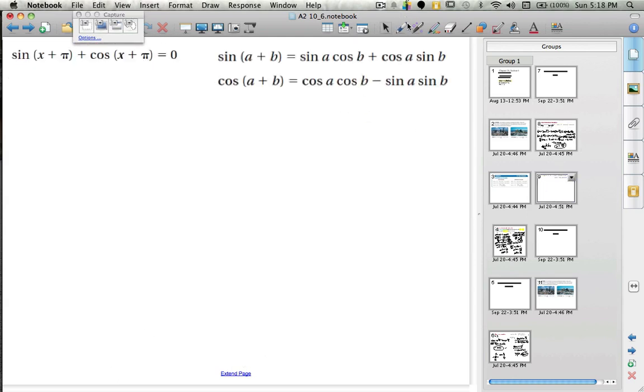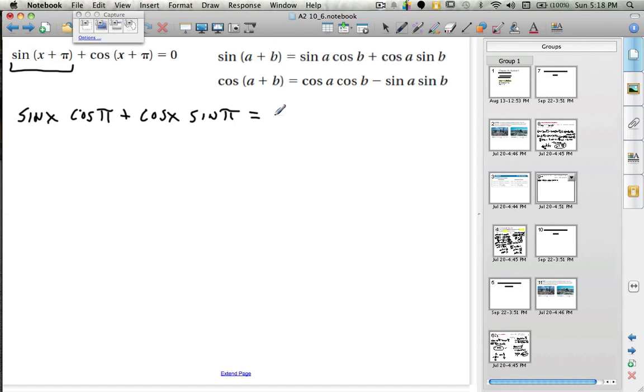Okay, so let me go ahead and set up my problem. I know that this will be equal to the sine of x times the cosine of pi plus the cosine of x times the sine of pi. Right? So we've done this part.